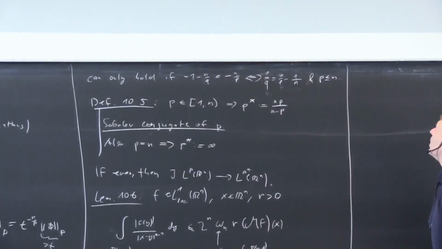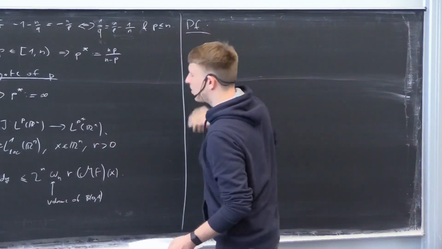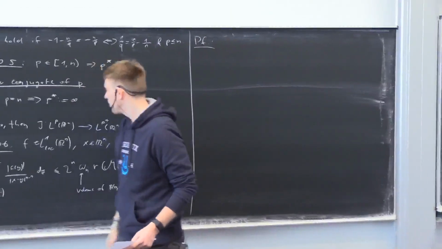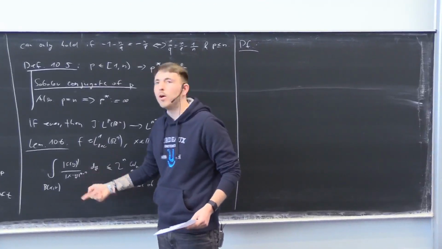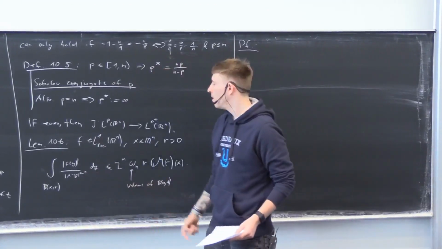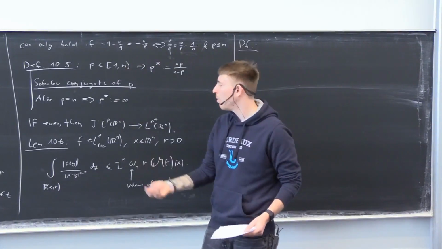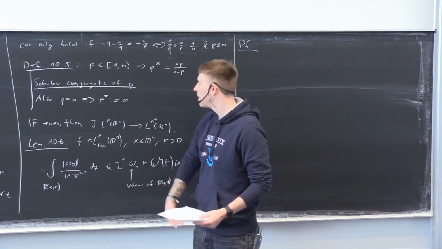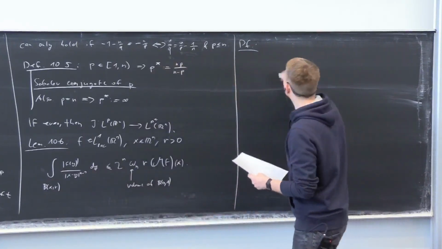Okay. Let's do the proof. So I have this ball here, and I somehow want to get some more information on this kernel here. So I should not work with the full ball, but I should somehow decompose it so that the different parts of the decomposition give me some information on the kernel. Okay?